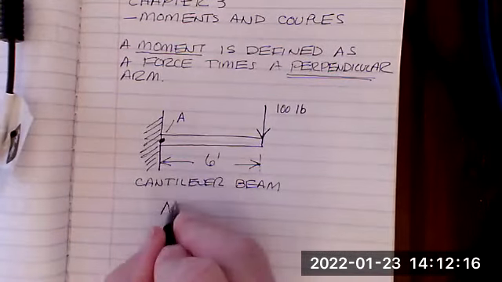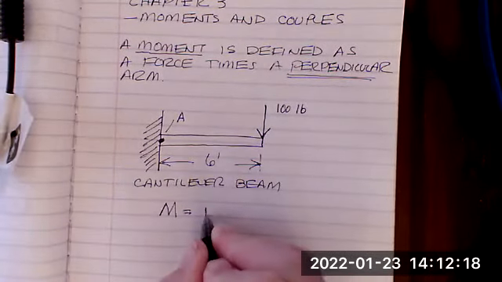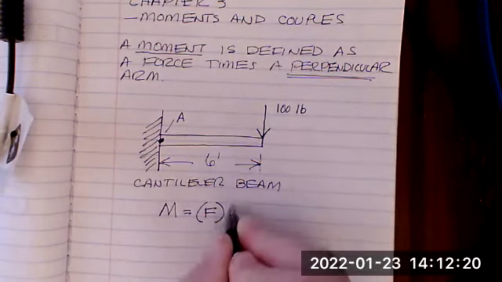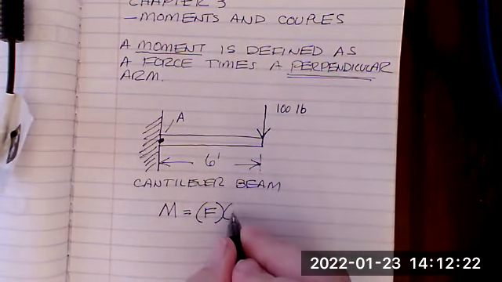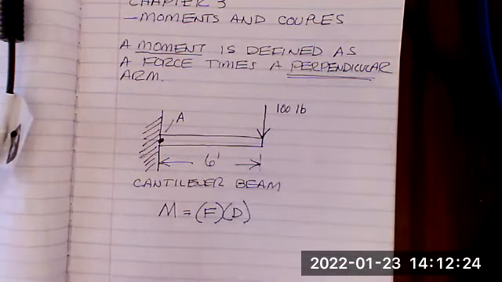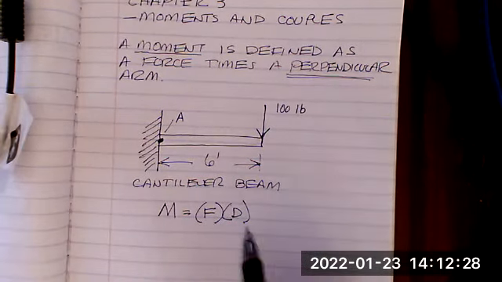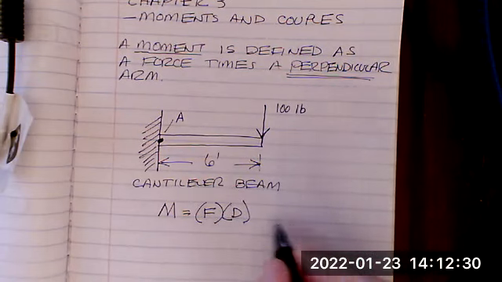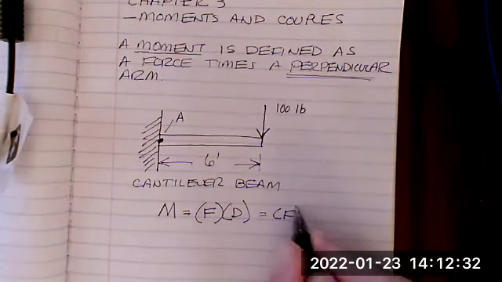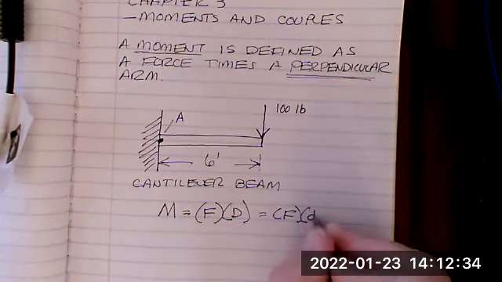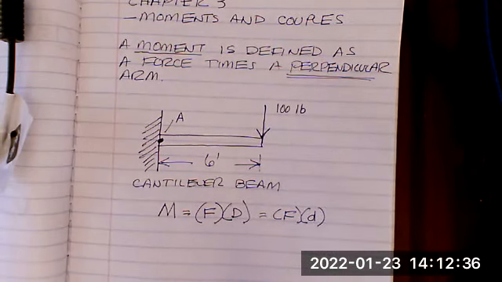The moment is equal to some force times a perpendicular distance. Some books use lowercase letter d. We can do that if you want. It's just a force times a lowercase d.